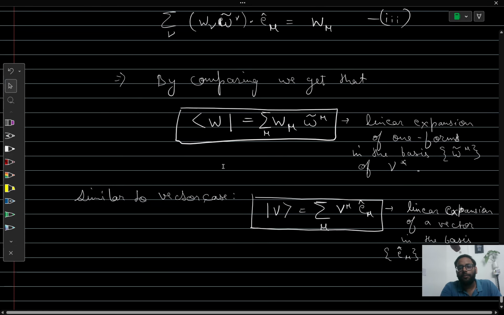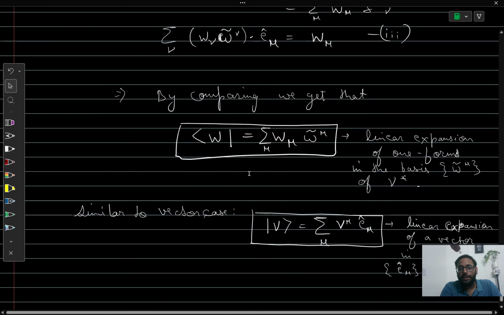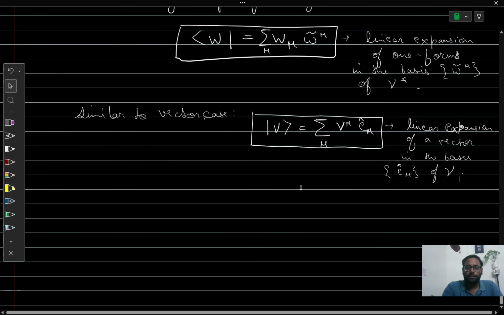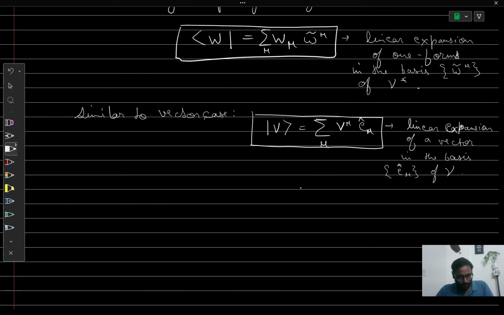And we have proved that in the dual space we can also expand our covector, or one form, or dual vector, as a linear combination of the basis defined in this dual space.